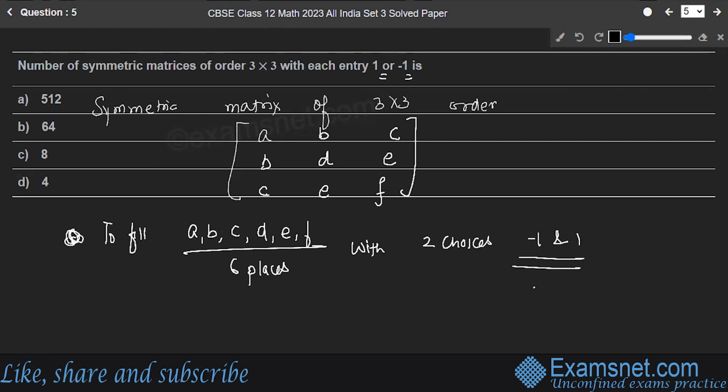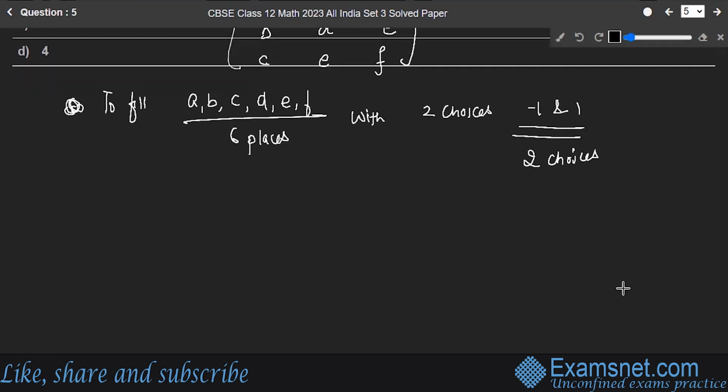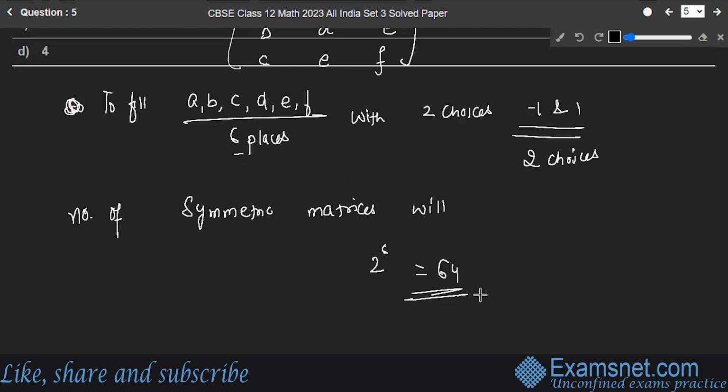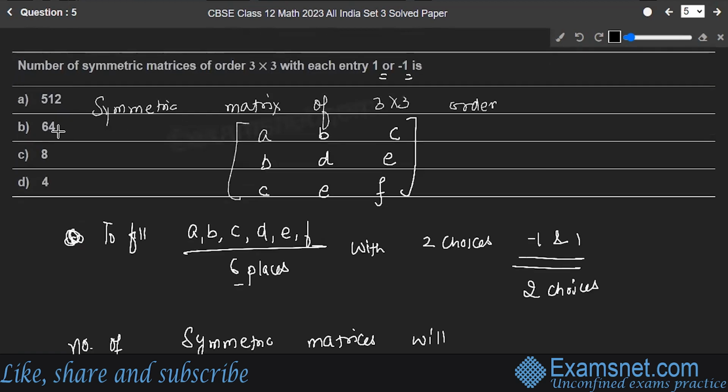Okay. So how many choices are there? You have 2 choices. Number of symmetric matrices, how many that will be? 2 raised to power 6, which is equal to 64. So this is the answer to the question. Option B is the correct one.